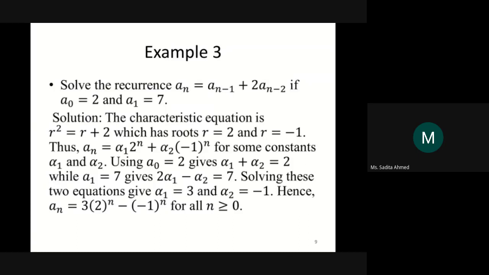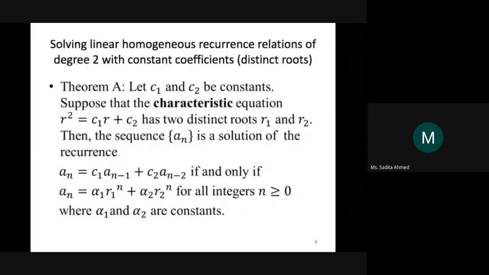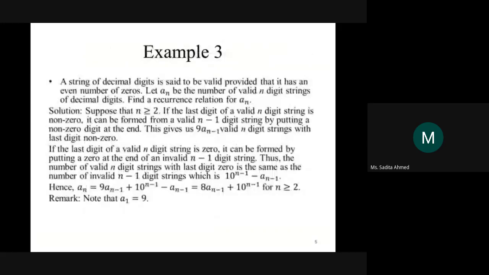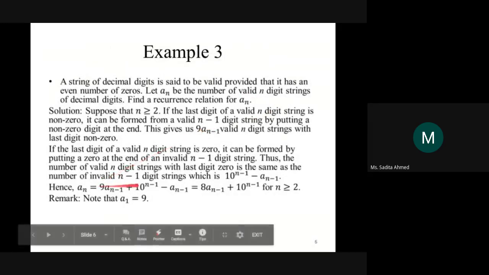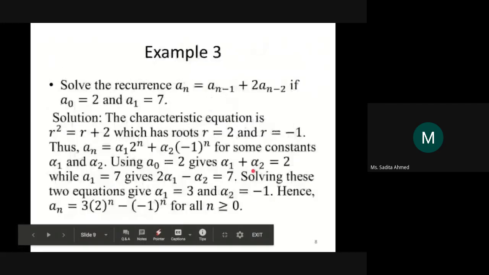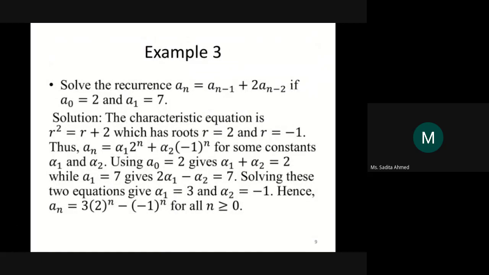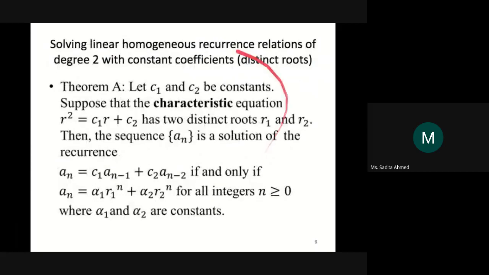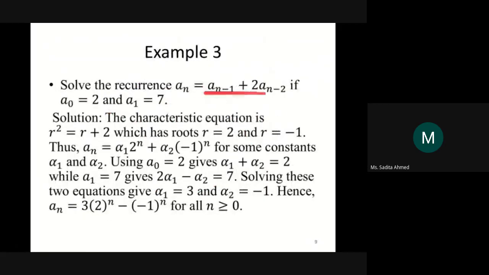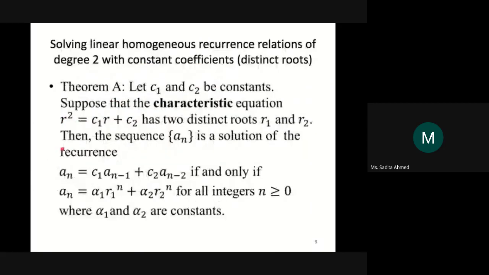And obviously a degree 2 recurrence relation is what such a problem will give. If it is a degree 2 recurrence relation, then you can use theorem A to solve it, and the initial condition, combining them with the characteristic equation. With this equation, we can solve the recurrence relation and get this final expression, which calculates the value of a_n just from n itself. This one is not dependent on preceding values.